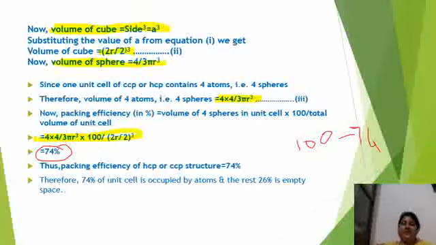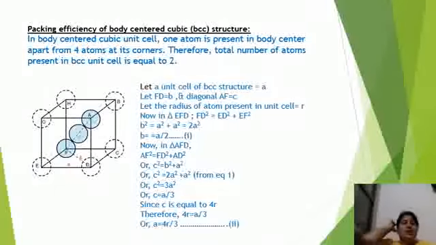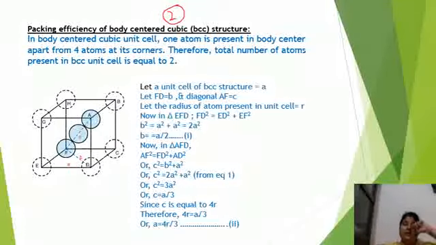So the free space is 26% while the packing efficiency is 74%. Now the next one is packing efficiency of body centered. Body centered means the value of Z will be 2. There are 2 atoms in a unit cell. Okay? There are 2 atoms in a unit cell.